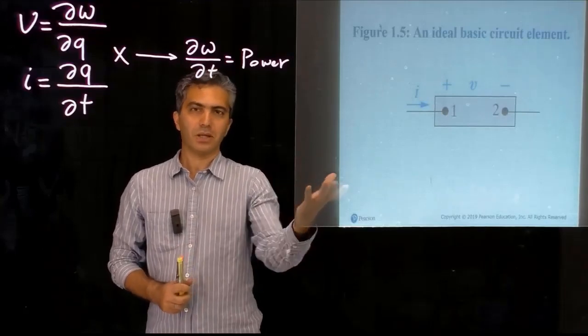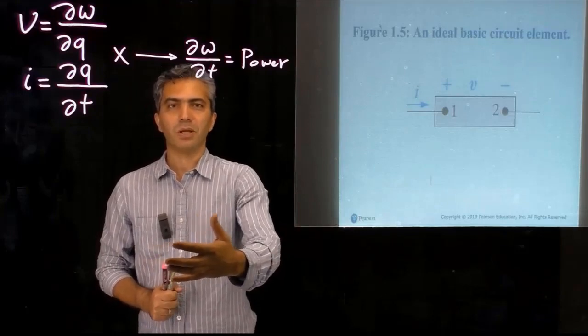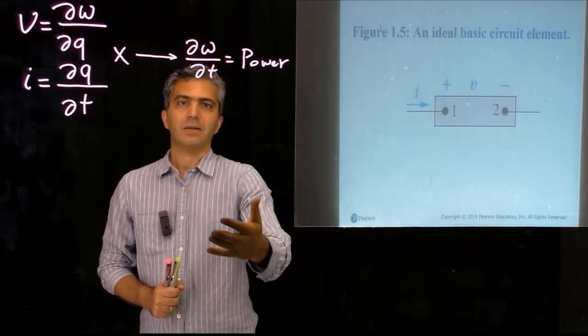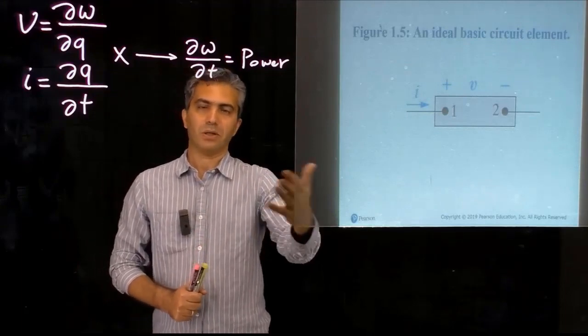Now, in the electrical domain, the kind of energy that you input is electrical energy, and then that electrical energy can turn into useful work one way or the other.